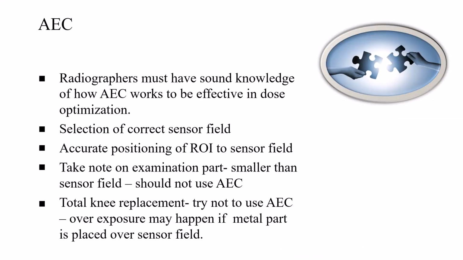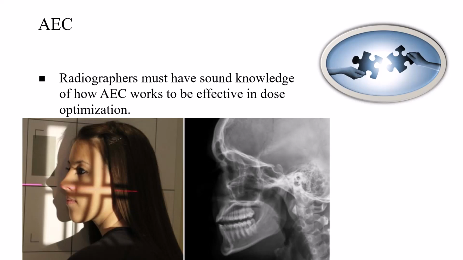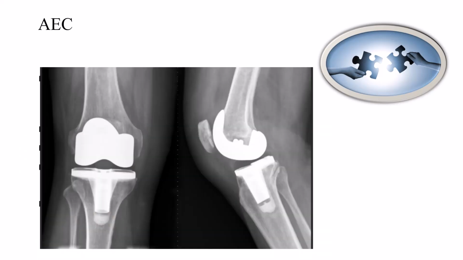Radiographers must have a sound knowledge of how automatic exposure control works to be effective in dose optimization. They need to select the correct field or sensor and accurately position the region of interest to the sensor field.